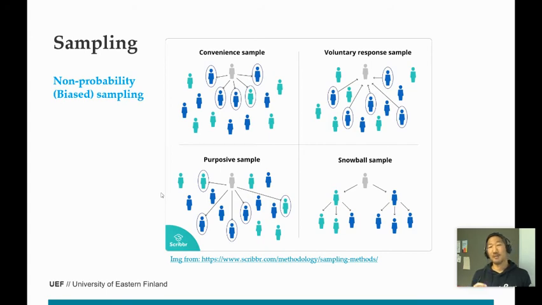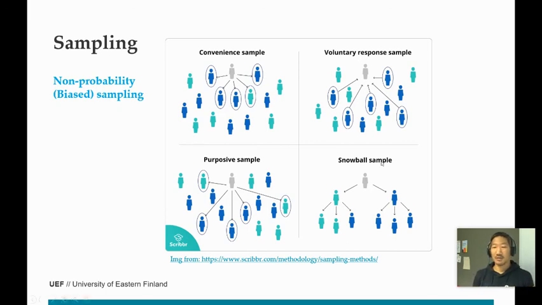There must be a specific purpose for your research and a reason why you pick that sample, unlike convenience or voluntary response sampling. I think the sample may be just a few, so you probably need to conduct a qualitative research method.